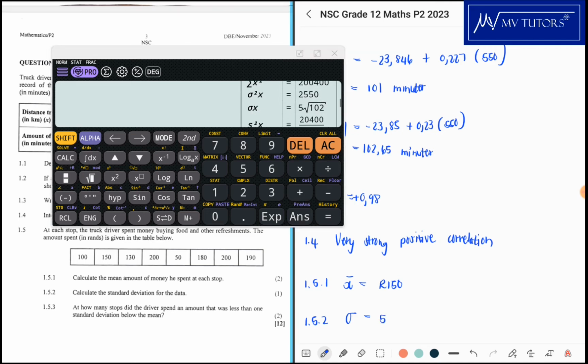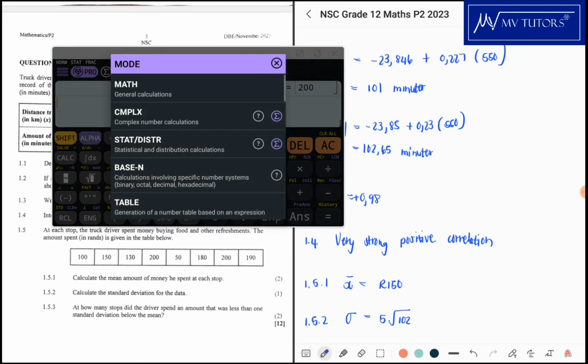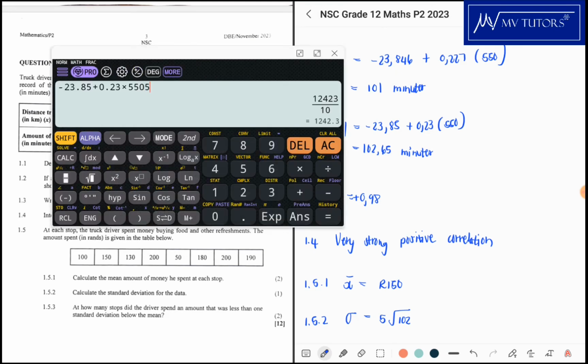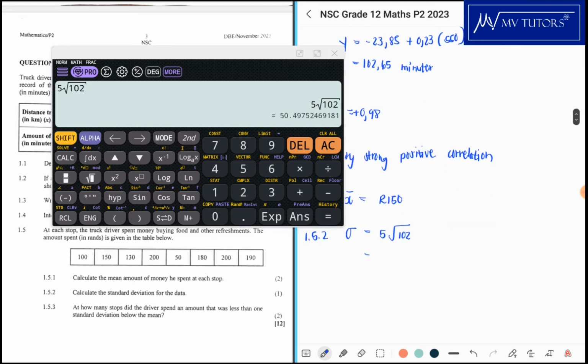So we have 5 root 102, and let's just go back to the normal mode and figure out what this 5 root 102 actually is. Okay, so we have the answer there as 50,50. All right, that's the standard deviation.